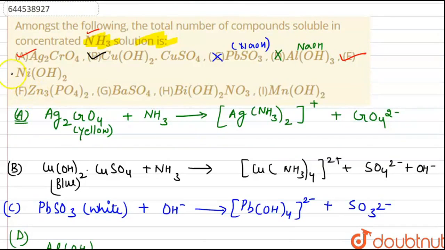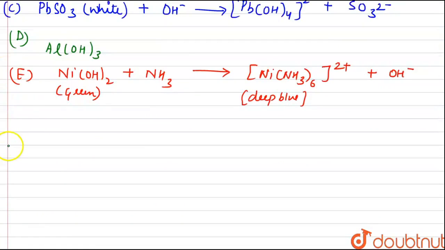Now the sixth one is Zn3(PO4)2. It is white in color.